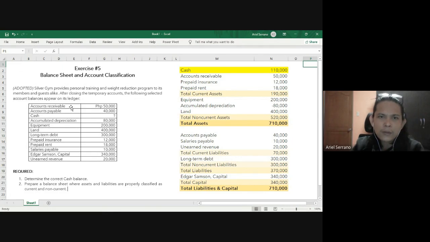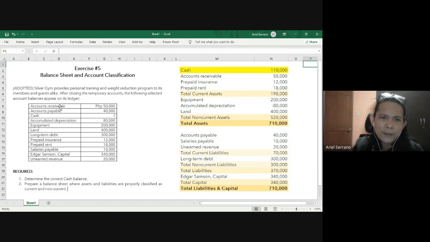These are only balance sheet accounts, real accounts, because we have already closed the temporary or nominal accounts. So what you will see here are account balances on the balance sheet, but these are not presented in the proper order.